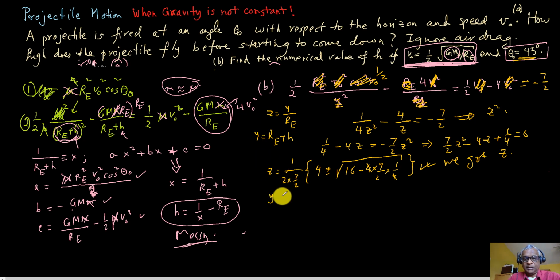So y equals Re z, and h equals y minus Re. So y minus Re makes it z minus 1 times Re.